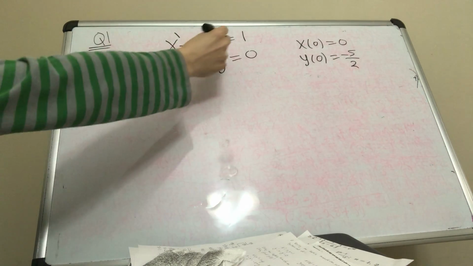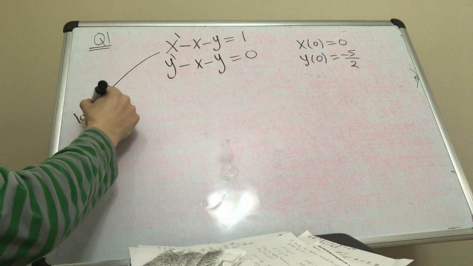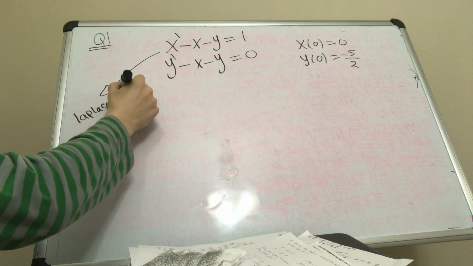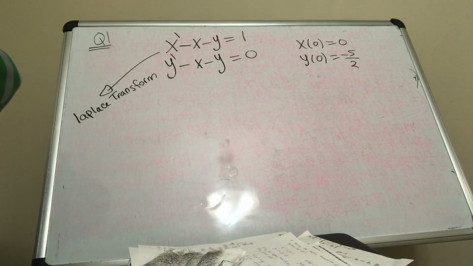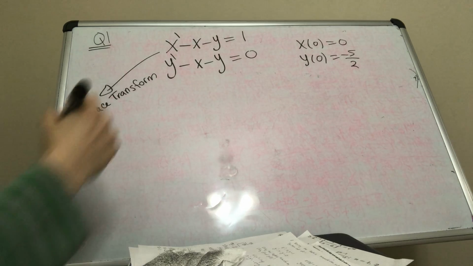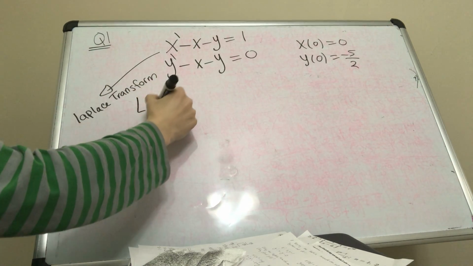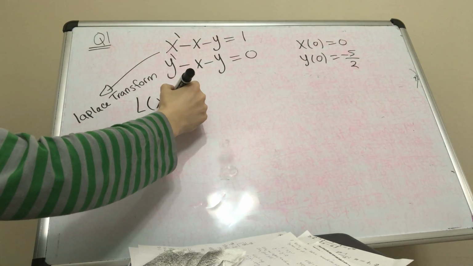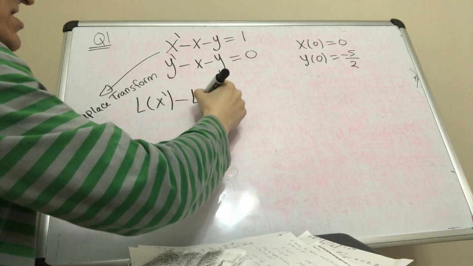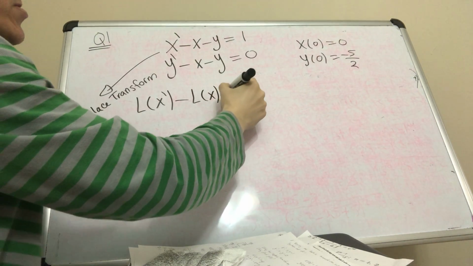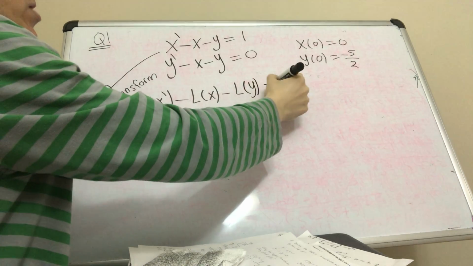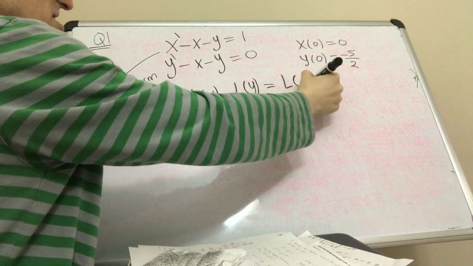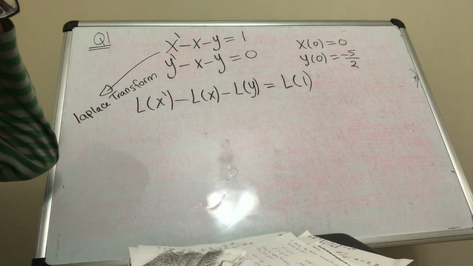So for the first equation, I'm going to do Laplace transform. So Laplace transform for x prime, minus Laplace transform for x, minus Laplace transform for y, minus Laplace transform for 1.